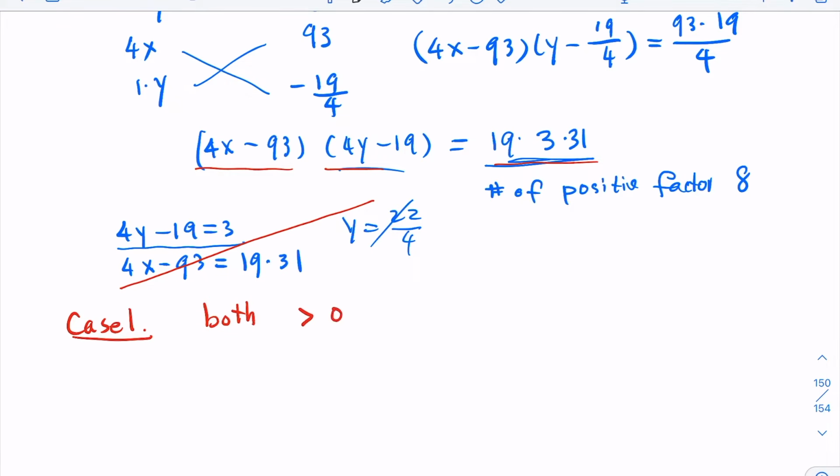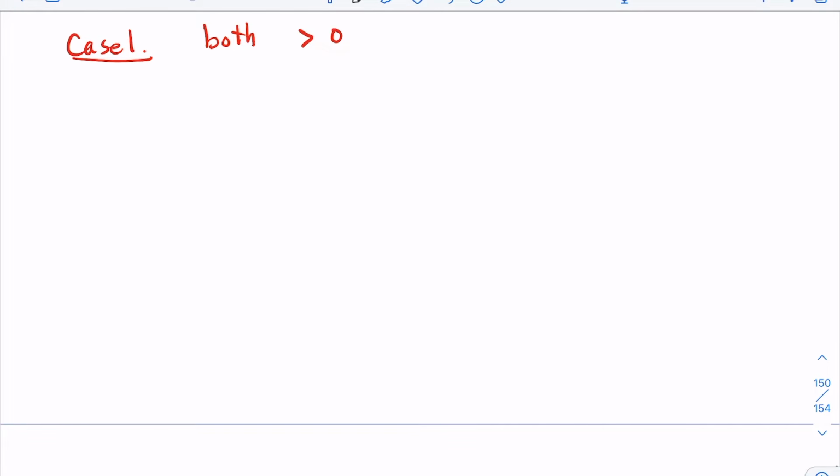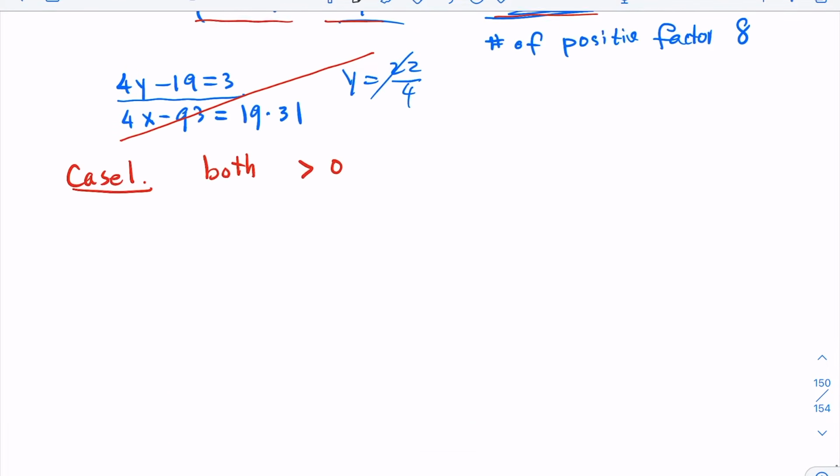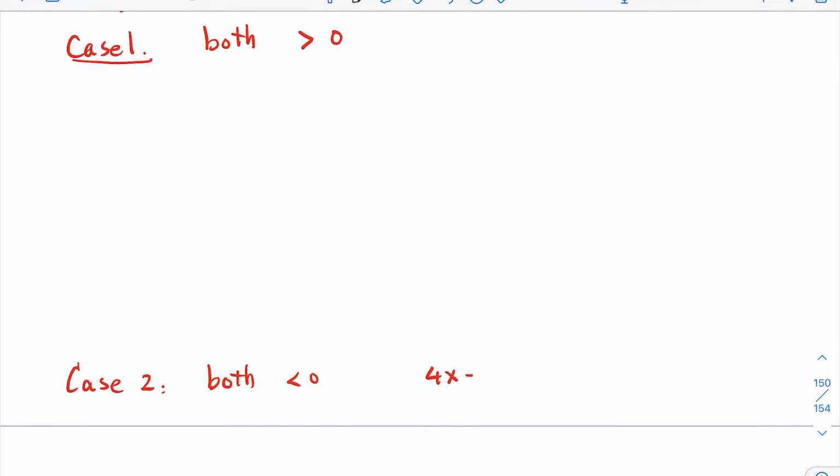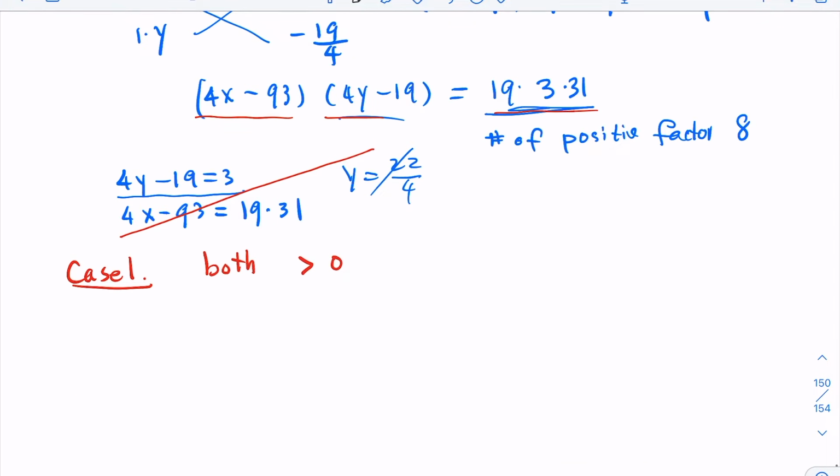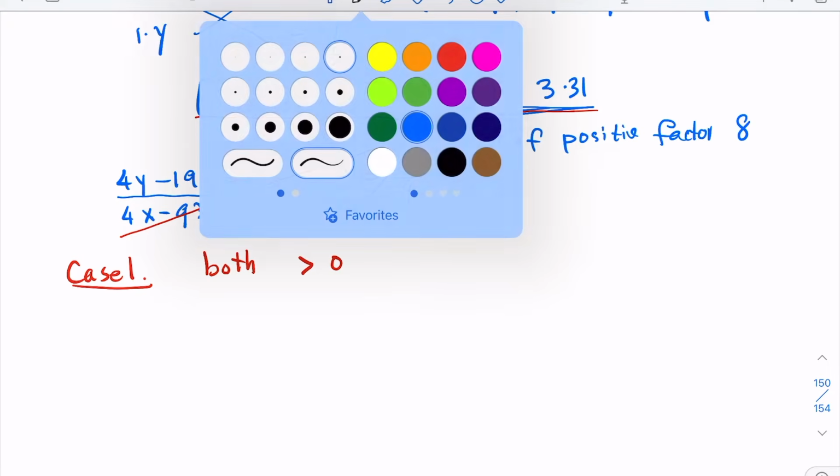Case number 2 is both are negative. In this case, when you write it down, 4x minus 93 is smaller than 0, and 4y minus 19 is smaller than 0.